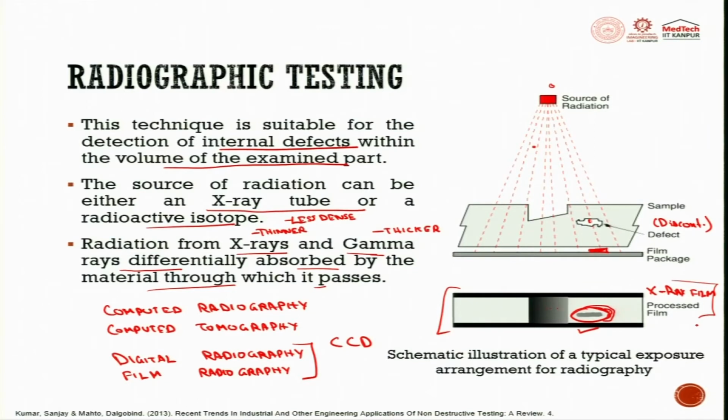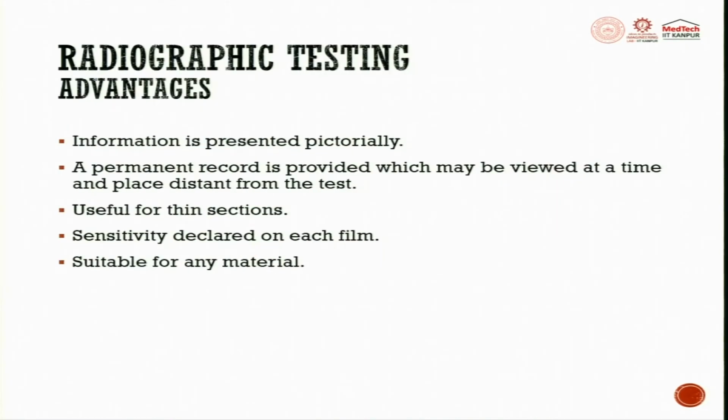So the consumables are reduced here. The advantages are that the information is presented pictorially. The visual inspection then comes into play after this to understand the picture of the image. A permanent record is provided, which may be viewed at a time and place distant from the test.